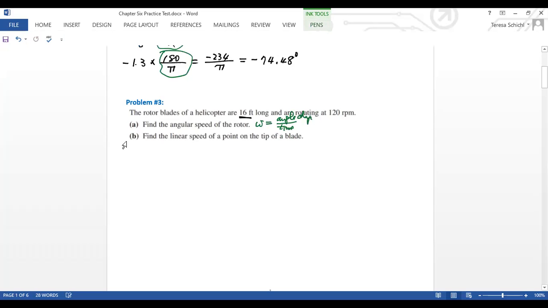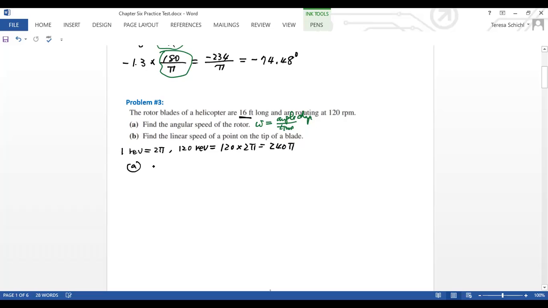Now let's take a look. We know 1 revolution is 2 pi. So here I have 120 revolutions, which will be equal to 120 times 2 pi, which is 240 pi radians per minute.